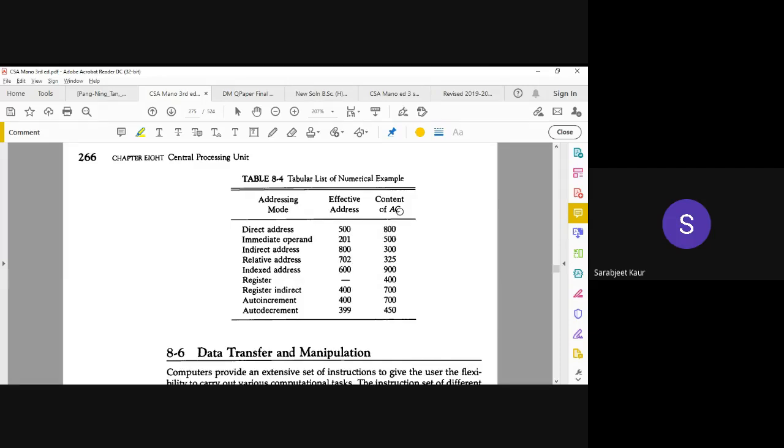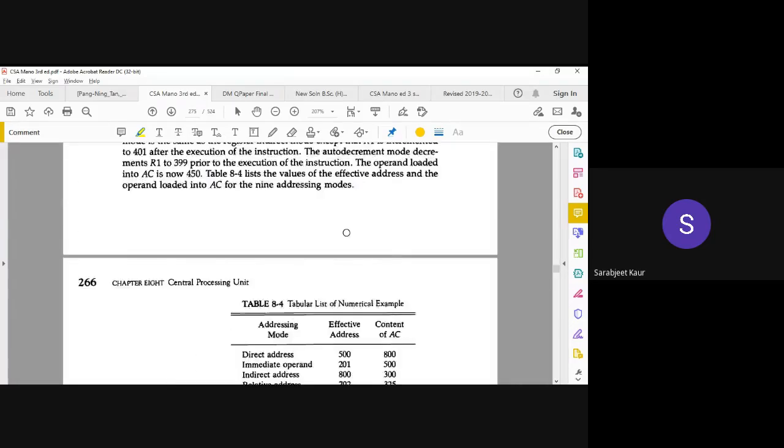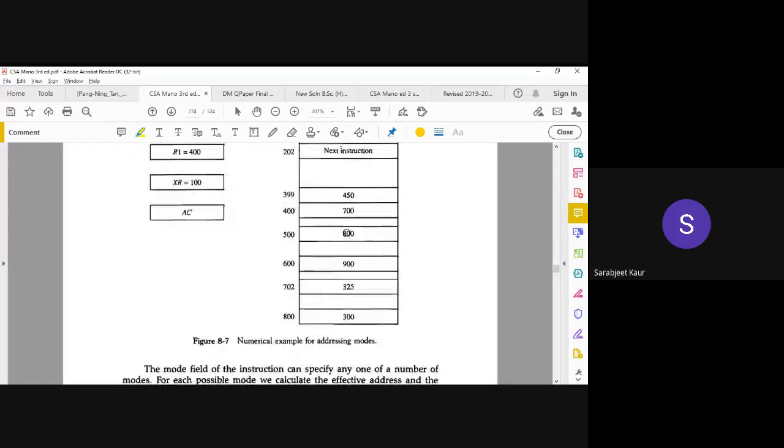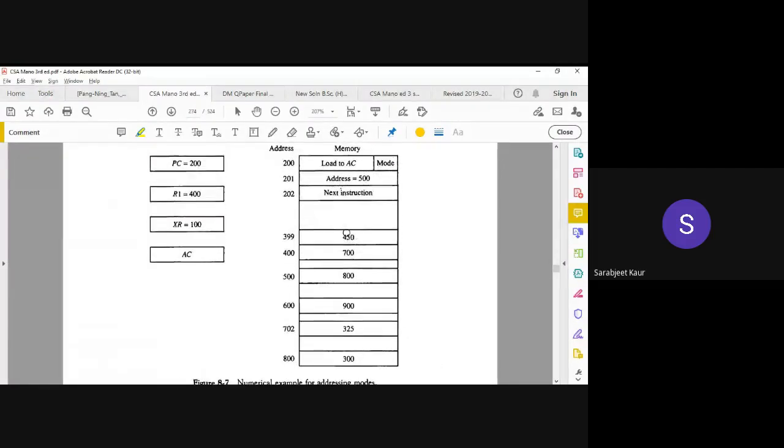Now, if an indirect question is framed, they may give you the value of the operand and ask you the effective address, or they may ask you to look at this memory snapshot. If the operand is 800, which addressing mode is being used?